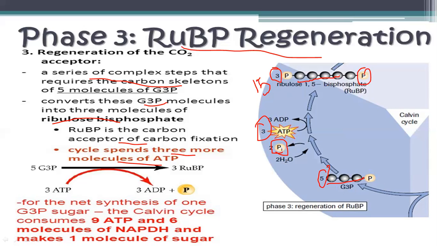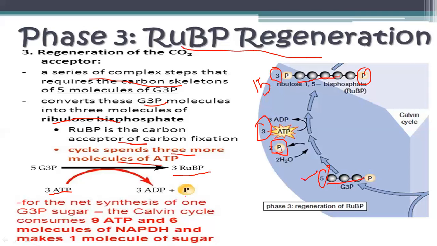Okay. So we can see here 5 G3P, which is changed by using 3 ATP into 3 ADP and phosphate group. So that is changed into 3 ribulose bisphosphate.